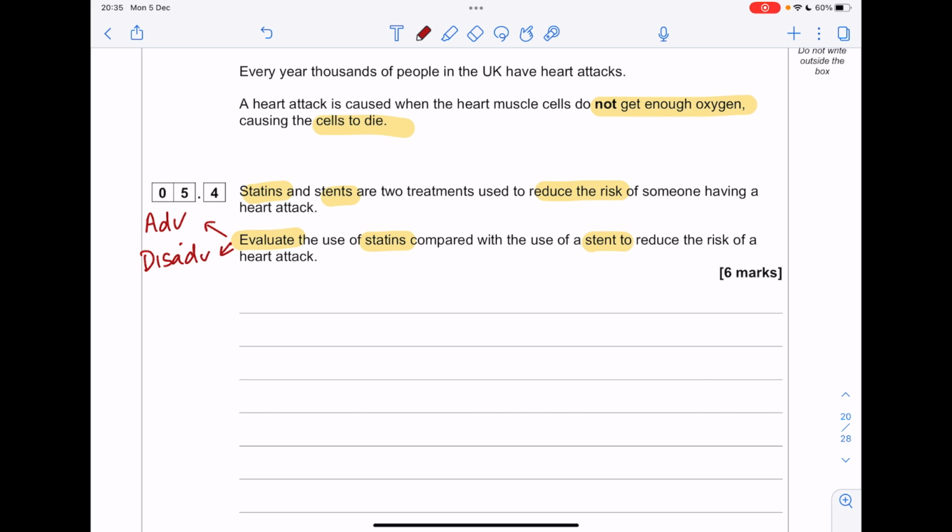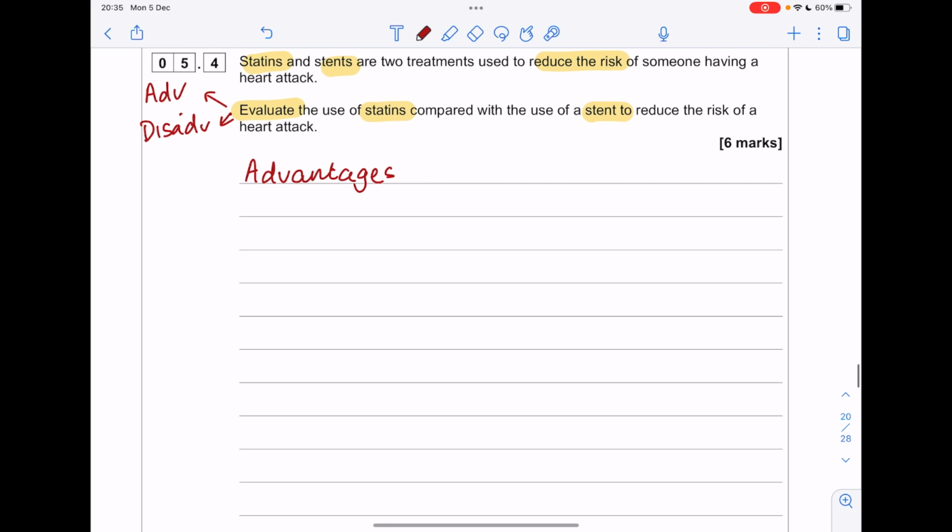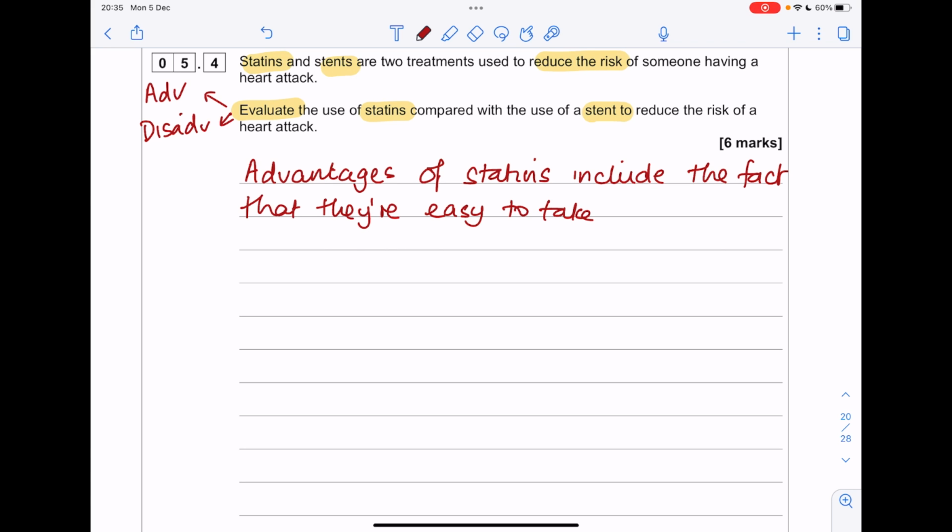So let's start with statins. So advantages of statins. Remember, these are drugs. And so because they're just tablets, it means that they're very easy to take. You don't have to have a big operation. What are they used for?